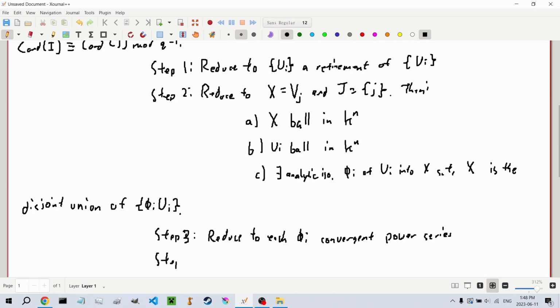And then step 4, reduce down to each V_i being L_i composed with C_i, with L_i a linear isomorphism, and C_i being an isomorphism from a ball onto a ball, which I'm going to call a ball isomorphism.